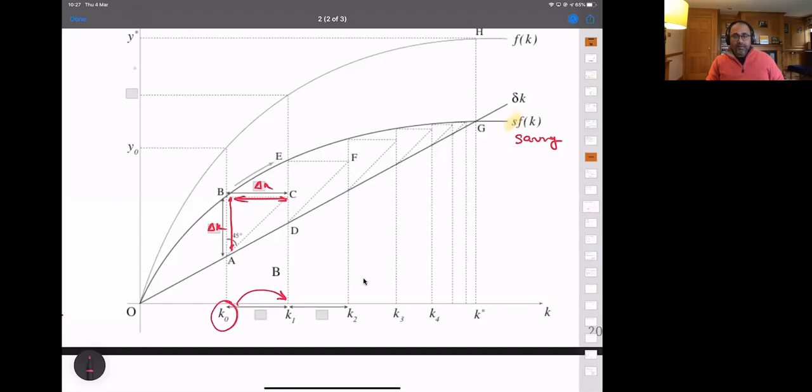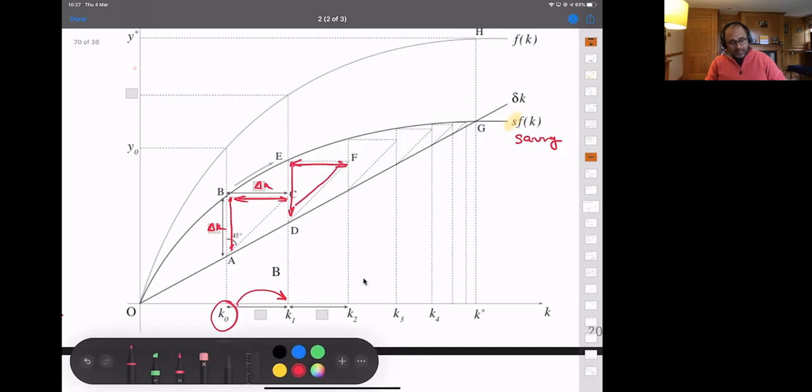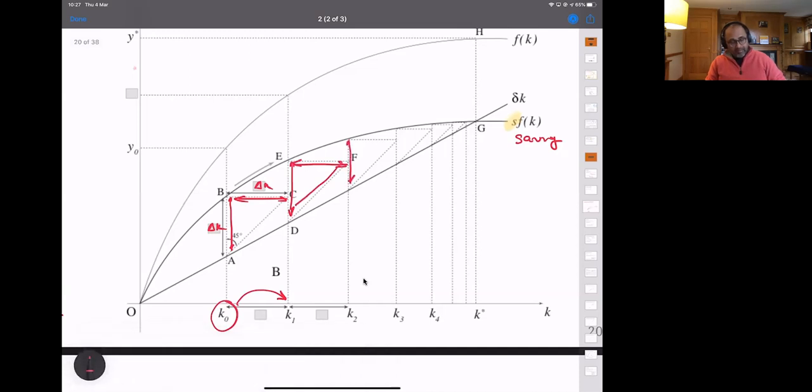Similarly, an economy at K1 would add this amount of capital stock, which means it'll move to K2. Next period would add this amount of capital stock. It'll move to K3.